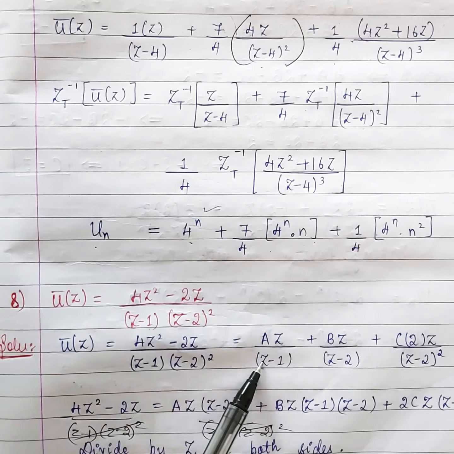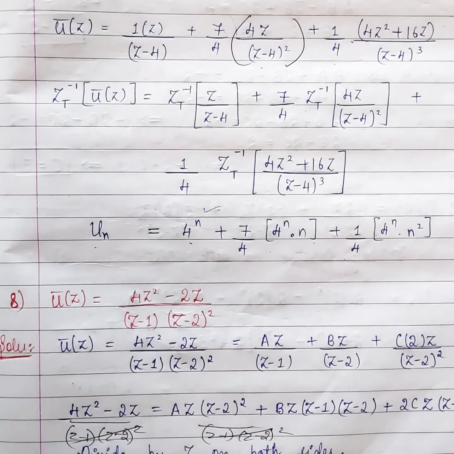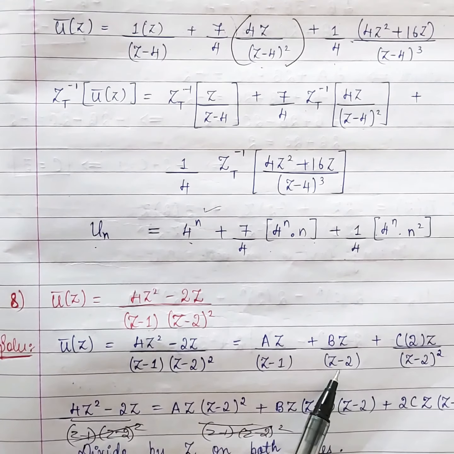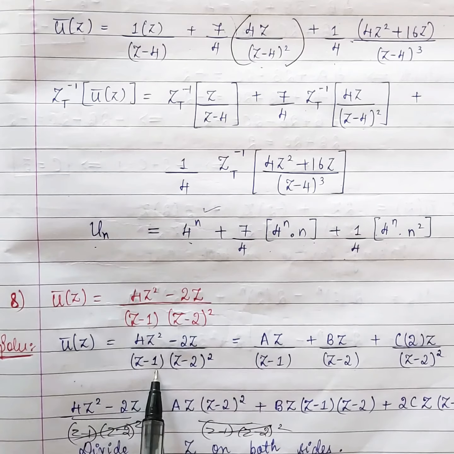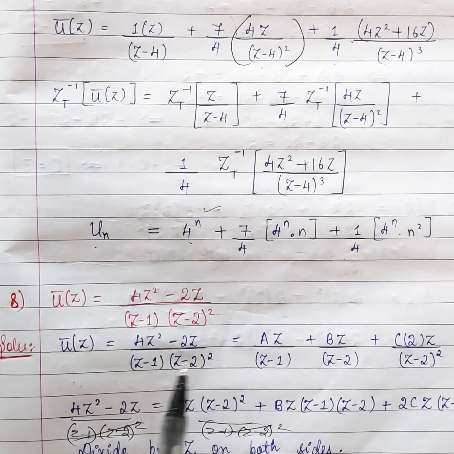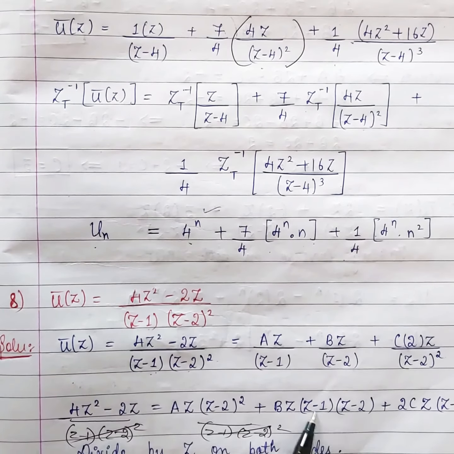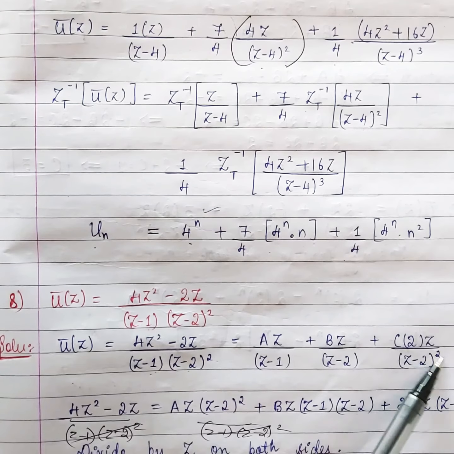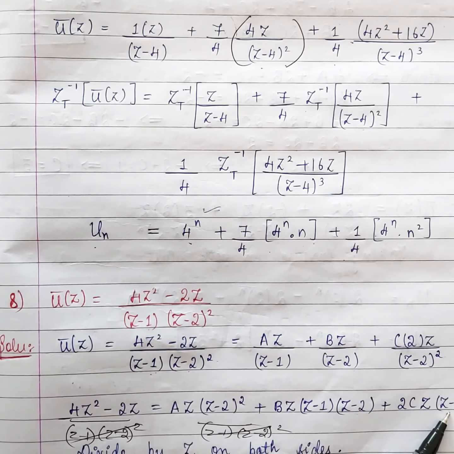Here z minus 1 is there, square is missing, so z minus 2 square we are multiplying. Second one, z minus 2 is there, but see the denominator, z minus 1, z minus 2 square. So z minus 1 and one z minus 2 is missing, so we are multiplying that in the numerator. And then last one, z minus 2 square is there in the denominator, z minus 1 is missing, so we are multiplying.